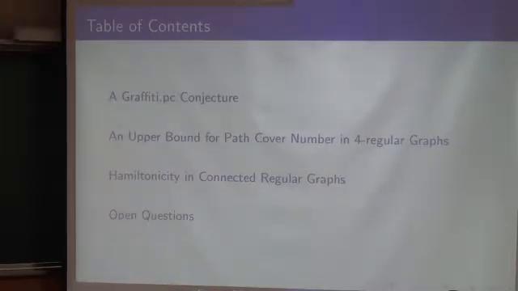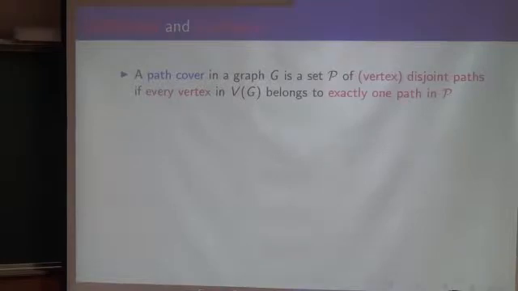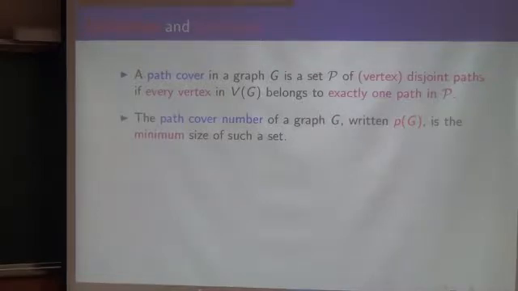So before giving the conjecture, let me give you some definitions first. A path cover in a graph is a set of disjoint paths such that every vertex belongs to exactly one path in the cover. And we are interested in the minimum size of such a cover, which is called the Pascal number.